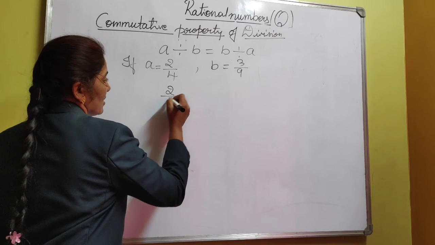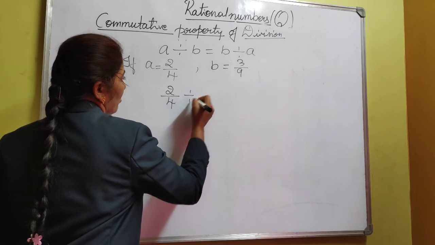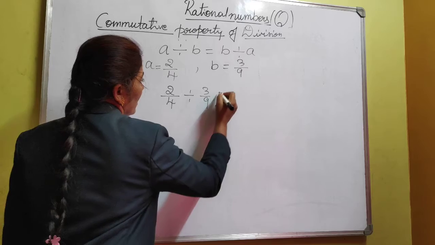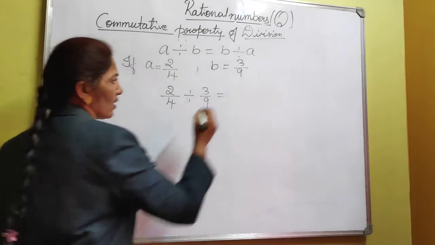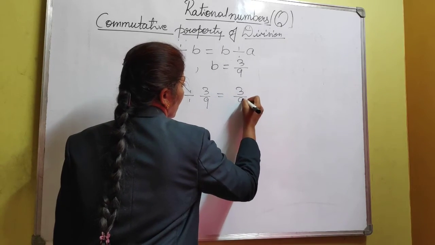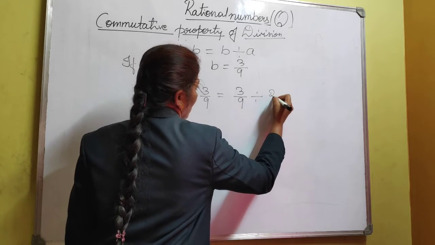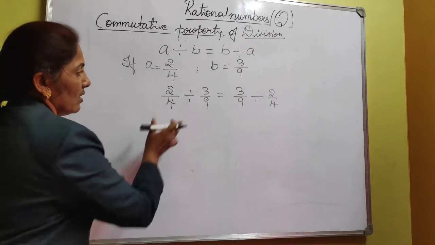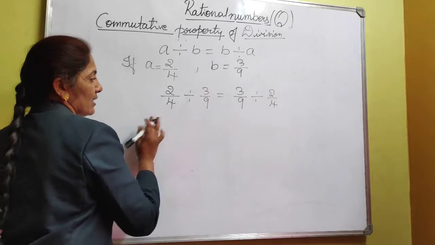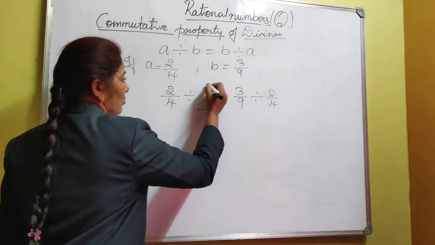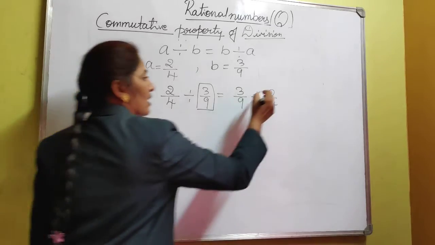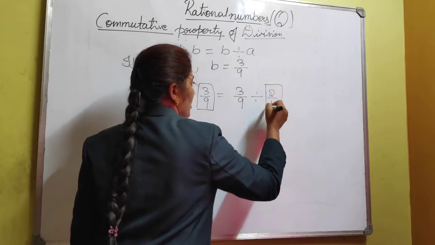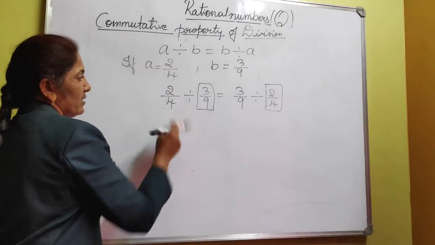I can write this as 2 by 4 divided by 3 by 9 is equal to 3 by 9 divided by 2 by 4. It is not divided directly like this. What we have to do is take the reciprocal of the divisor.